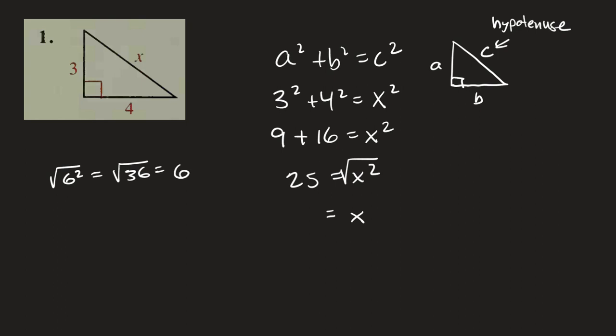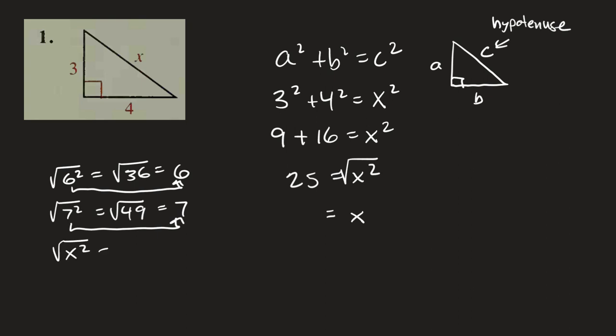So the square root of 6 squared is 6. If I did the square root of 7 squared, that would be the square root of 7 times 7, which is 49, and the square root of 49 is 7. Hopefully you see this relationship. So the square root of X squared is just going to be X.